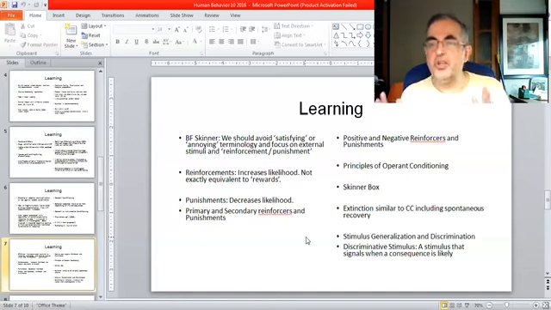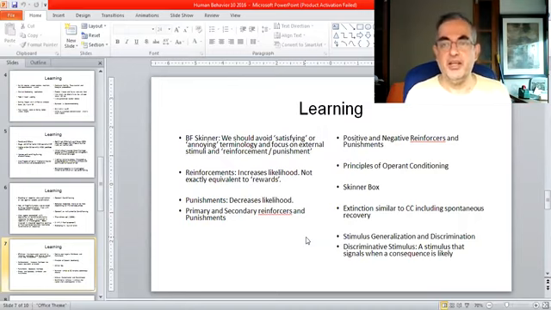A secondary reinforcer does not have a natural learning impact. Its learning impact comes after an intermediate phase of learning. So something like "good boy, well done": for a baby, this is not a reinforcer.